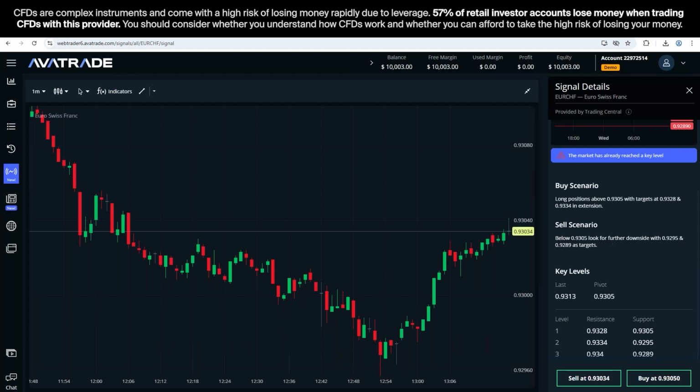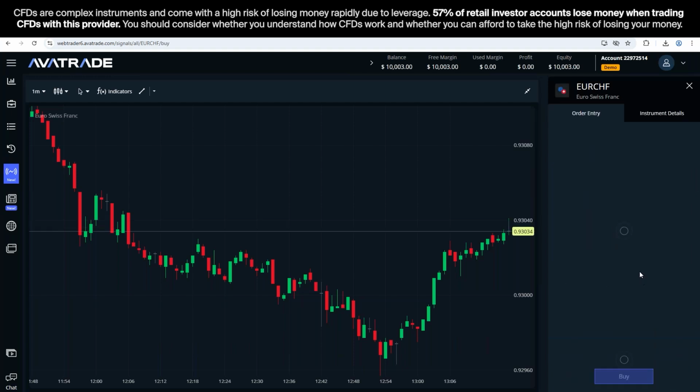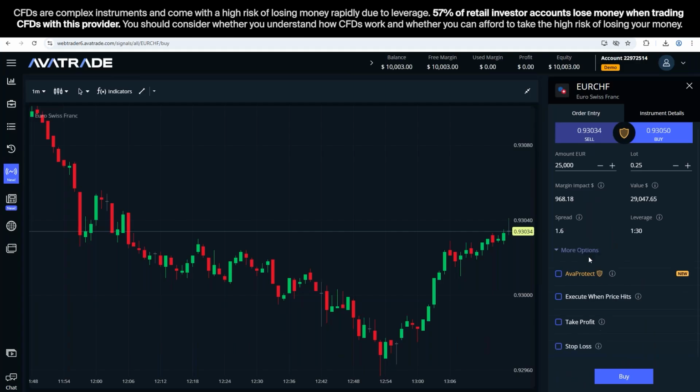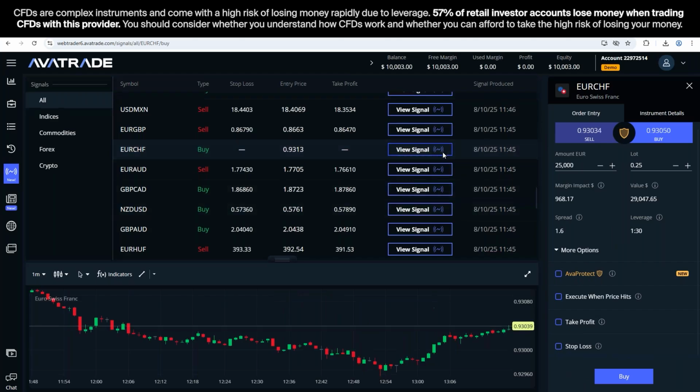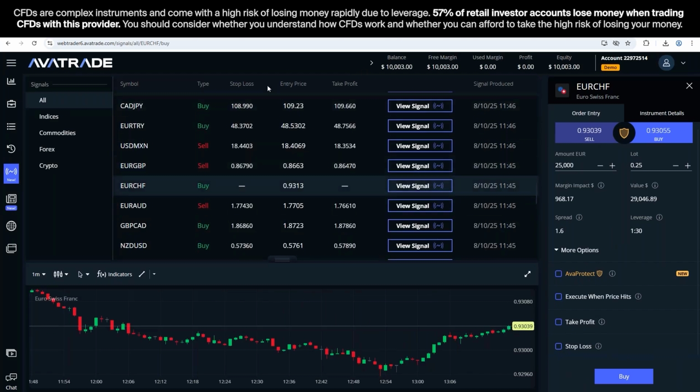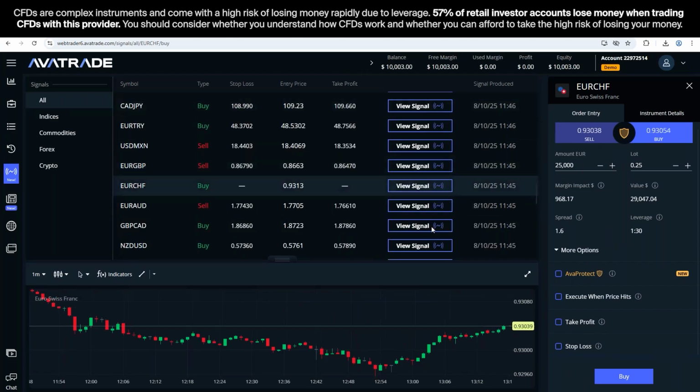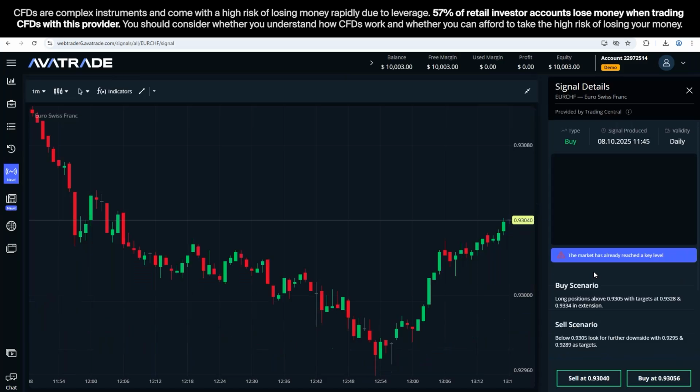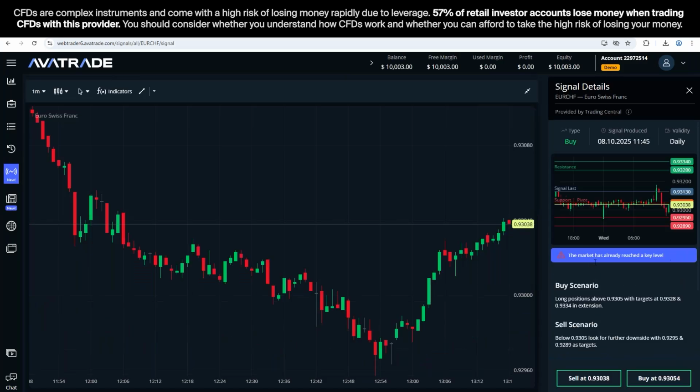Let's go with a buy. So I click here, buy, but nothing happens. We're going to show you in a minute what happens when the signal is valid, but when it's not valid and the take profit and the stop loss are blank, this means that the signal is no longer useful. And the reason is the market has already reached a key level, which is exactly what I said.